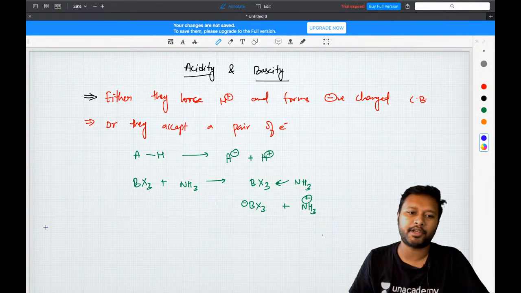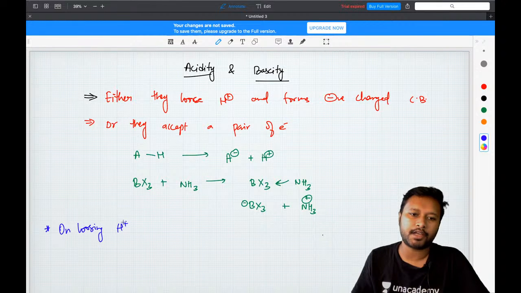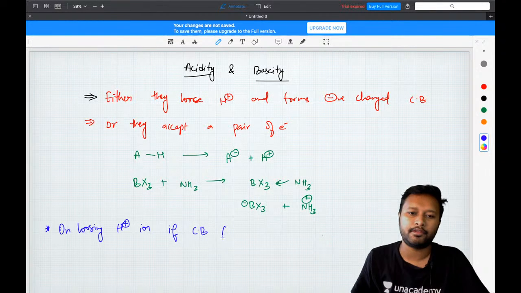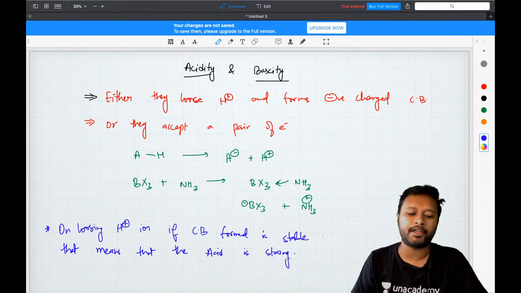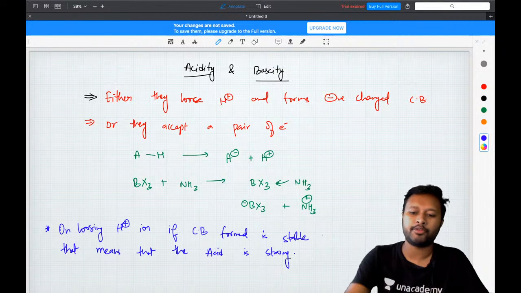You have to remember this point: on losing an H plus ion, if the conjugate base which is formed is stable, that means the acid is strong. You can find the relative order of acidity of acids based on this concept. We are going to apply this and see some questions based on it.